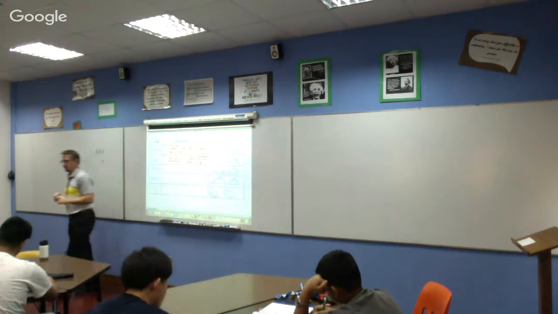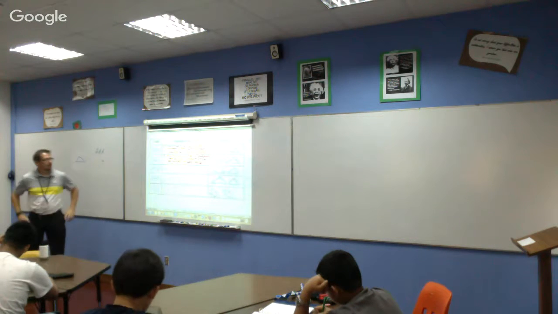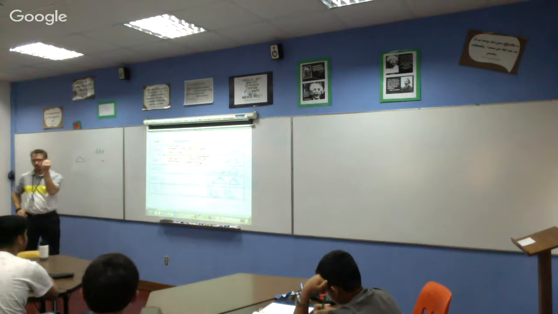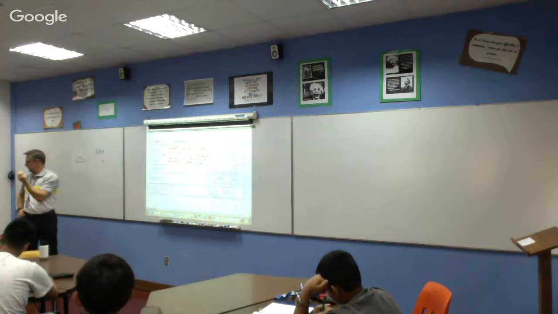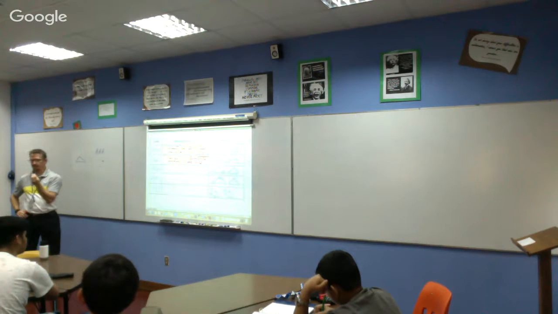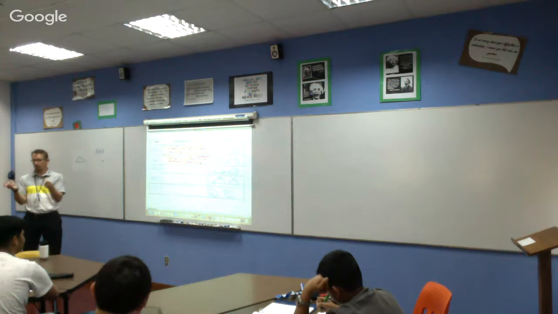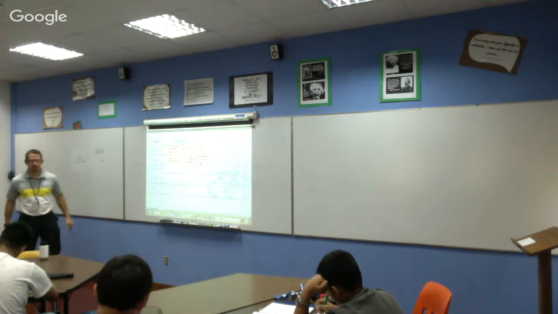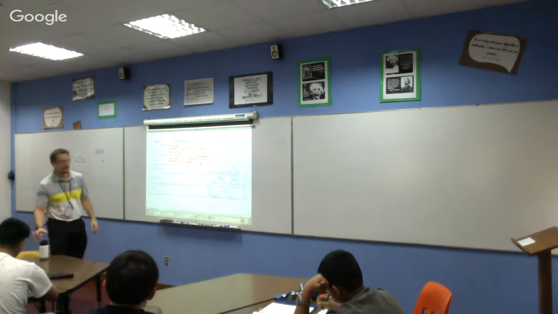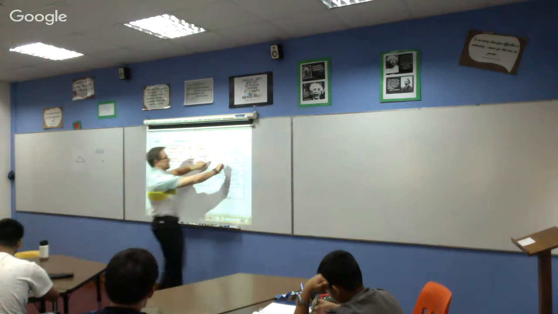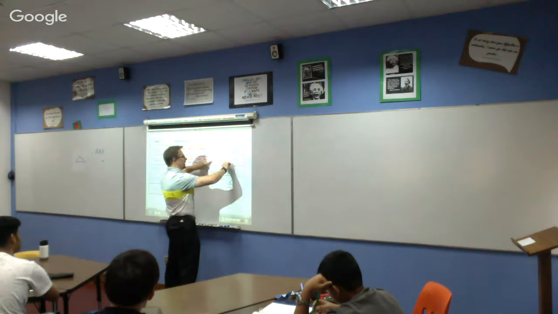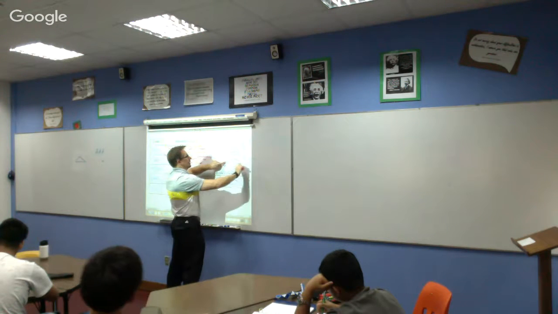Got all lazy there. So now we learned a new word. Included. What does included mean? It lies between the sides that make it up. Because the sides that make this angle up are right here. Those are the ones that are corresponding.